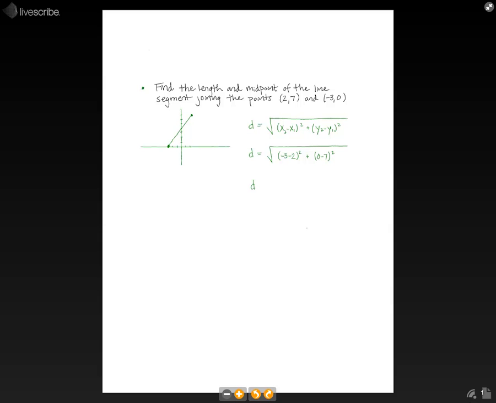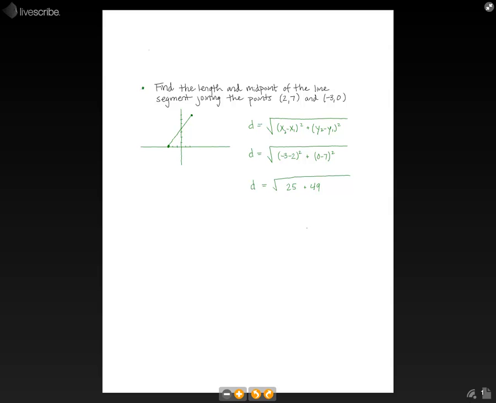We can simplify this. -3 minus 2 is -5. And if we square that, we get 25. 0 minus 7 is -7. And if we square that, we get a positive 49.